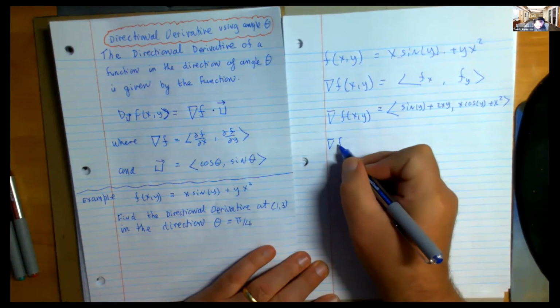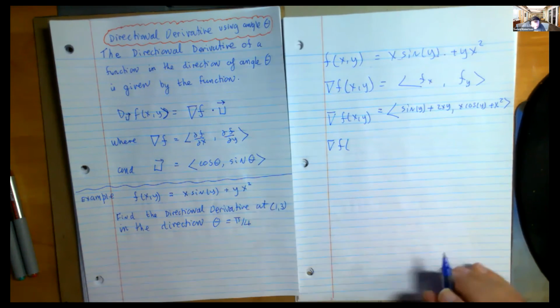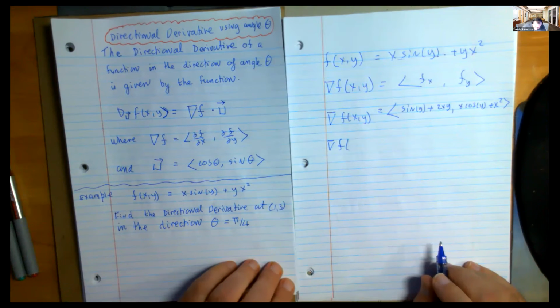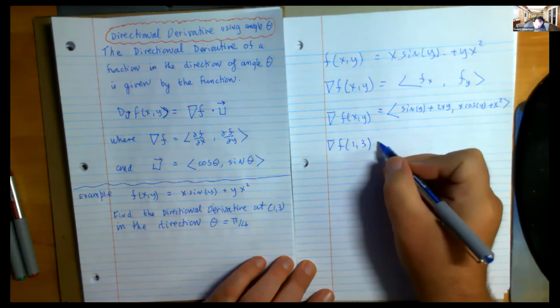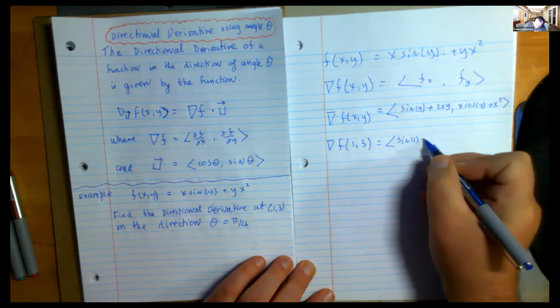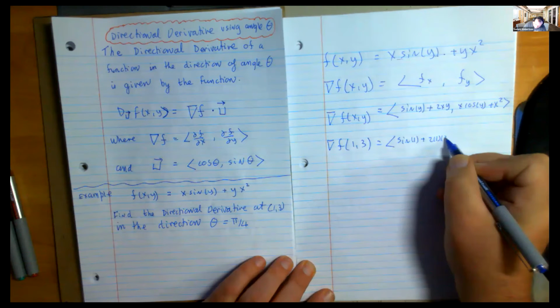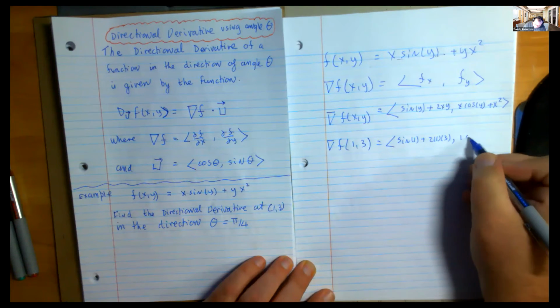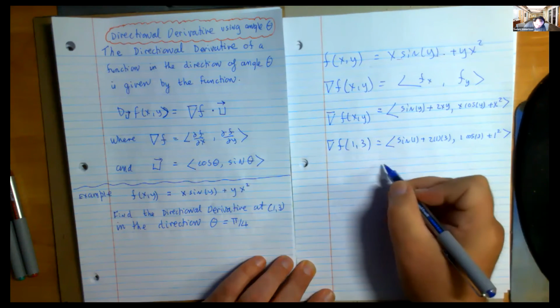The gradient vector at a particular point, in this case (1, 3), is going to be the sine of 1 plus 2 times 1 times 3, comma, 1 times the cosine of 3 plus 1 squared.